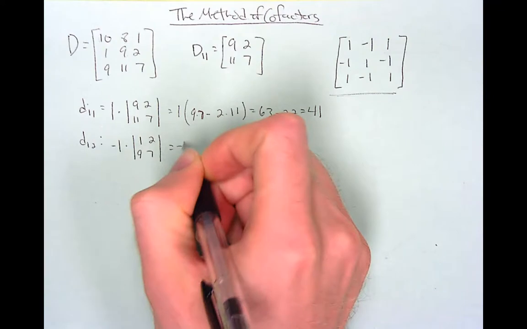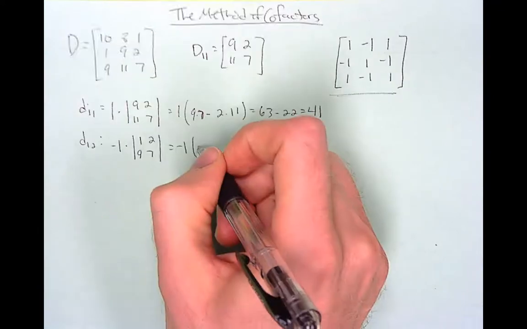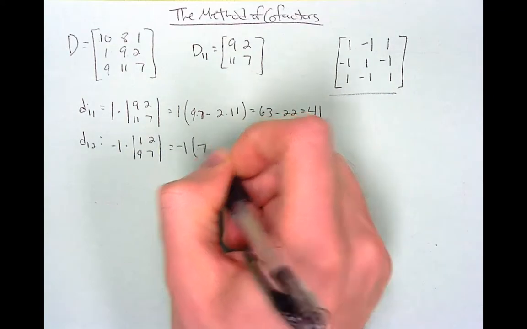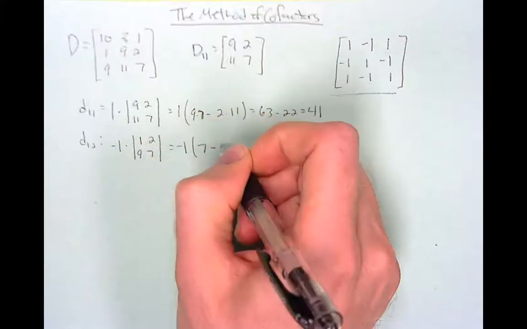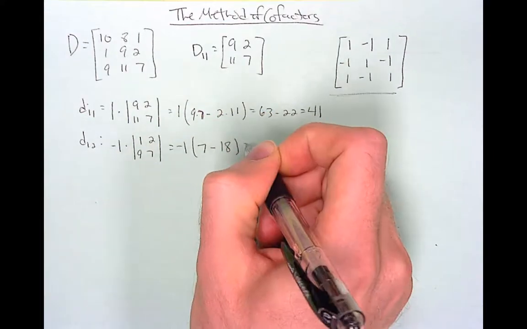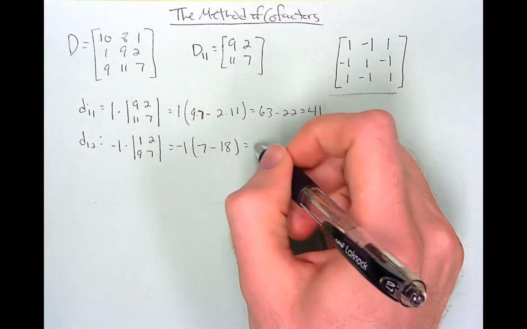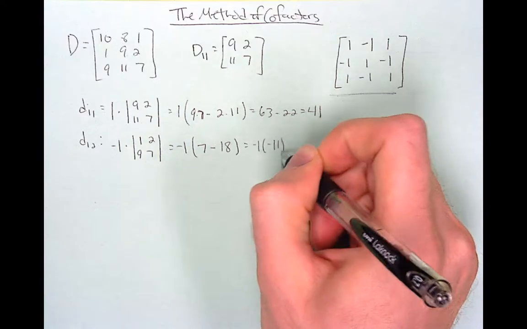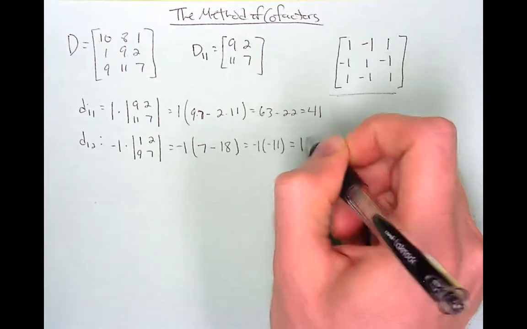So it's going to be negative 1 times 7 minus 9 times 2, which is 18. So we're left with negative 1 times negative 11, which is just 11.